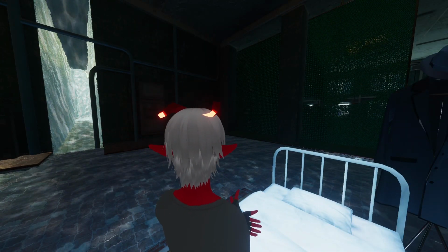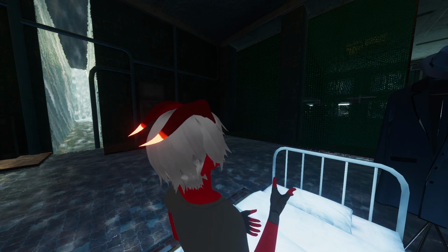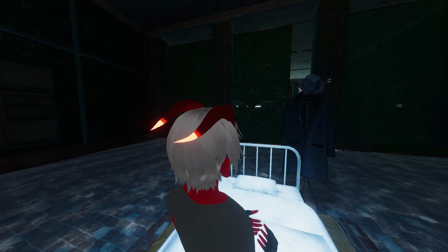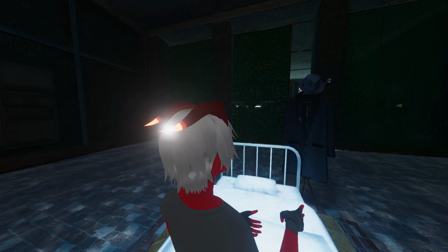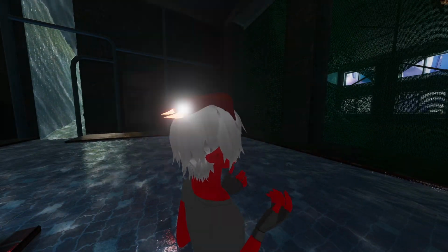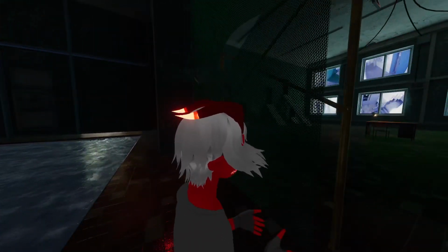Oh, hell. I don't know if you got me jumping just then. I turned around and saw the outline of a person and it made me jump. This is what I'm saying. VR makes you jump. I am not a jumpy person, but in VR I jump.